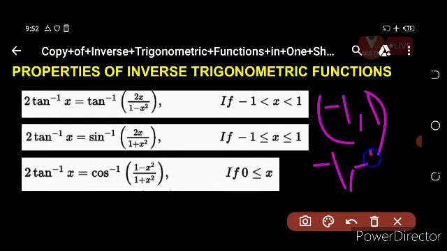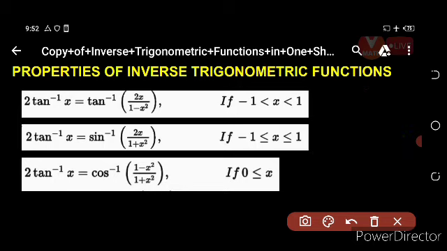And 2 tan inverse x is equal to cos inverse of 1 minus x square upon 1 plus x square, so 0 is less than or equal to x.